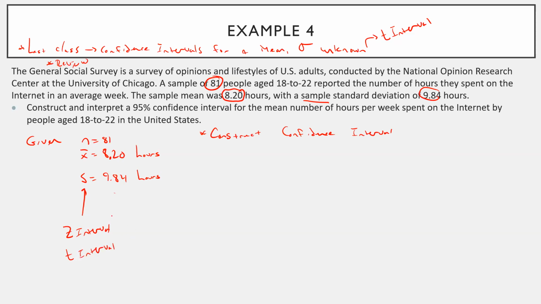What do you guys think? Exactly. Why do we use the T interval here? The sigma is not known. Yeah, thank you. Perfect. Sigma is not known. You're given the sample standard deviation, so you're going to use the T interval in your calculator.